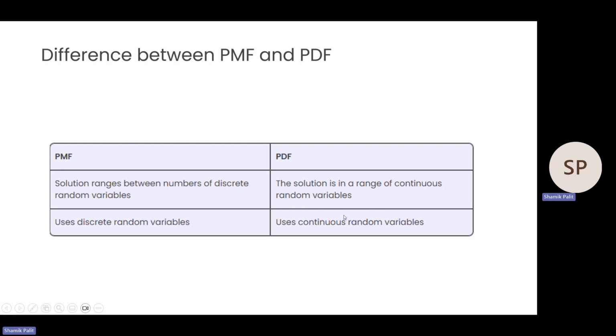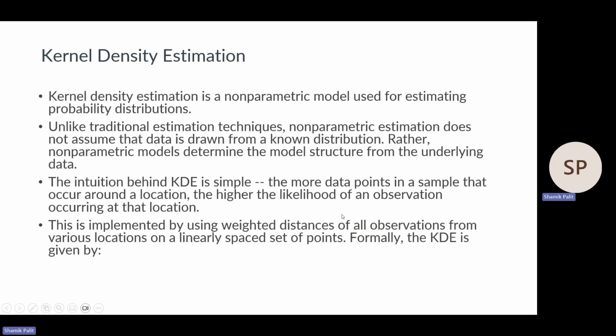Apart from that, another very interesting concept we use for non-parametric estimation strategies is known as KDE or kernel density estimation. Because it's very important in certain situations, we make use of a distribution strategy that comes from a non-parametric model.